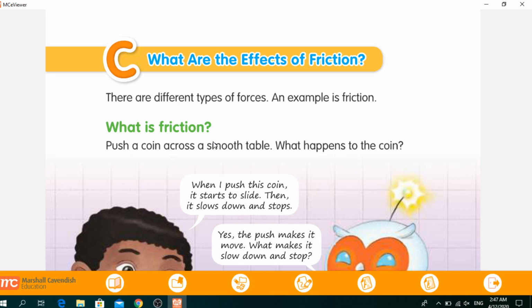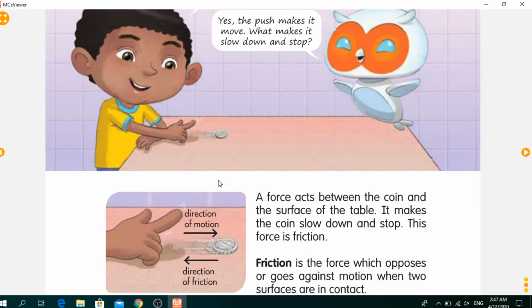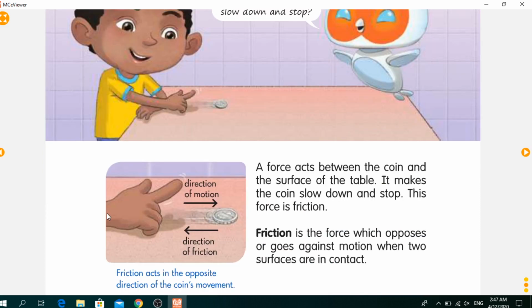It is the force that exists between two surfaces when they touch each other, and it acts in the opposite direction. Let's explain how. When we push a coin across a smooth table like this, I will push it in this direction. So it is the direction of motion.